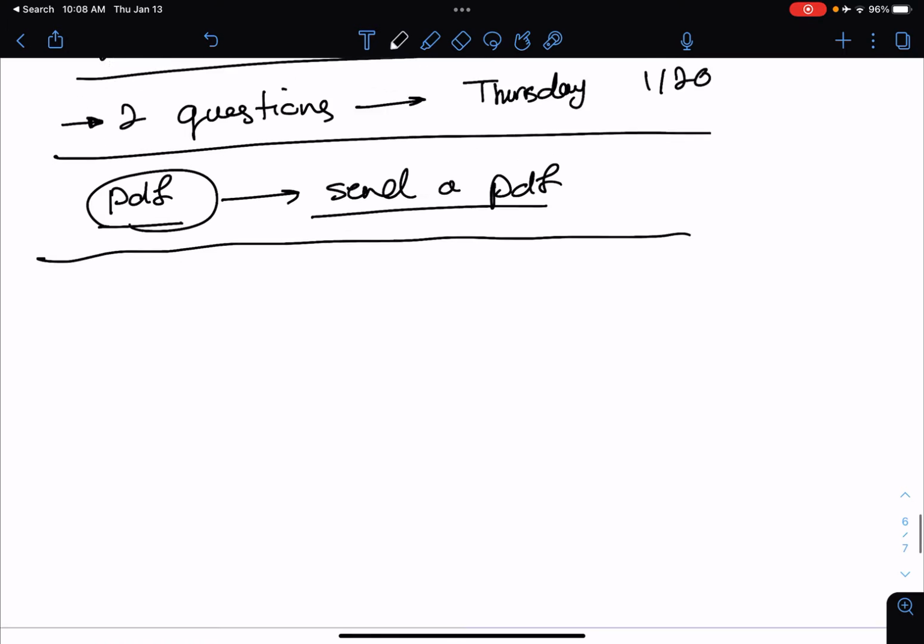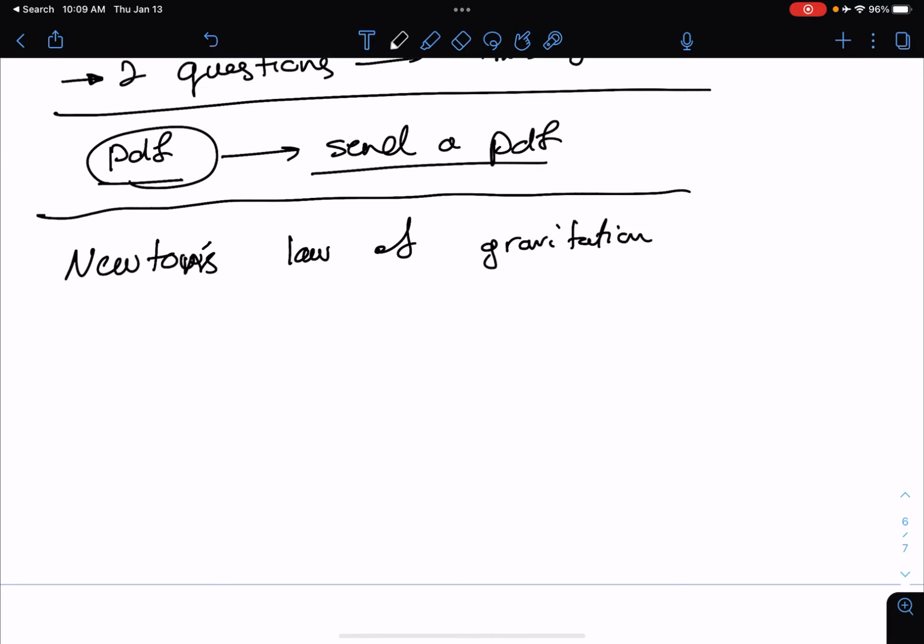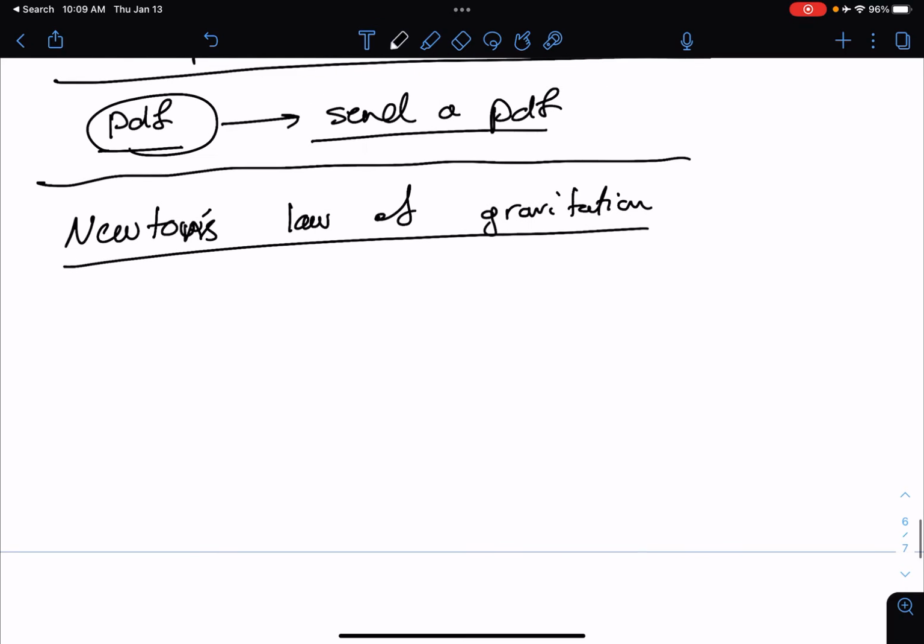Okay, so let's get back to the topic at hand. Today we are going to start with Newton's law of gravitation. This is a law you have seen before, and it essentially relates the gravitational force between two objects by this equation.